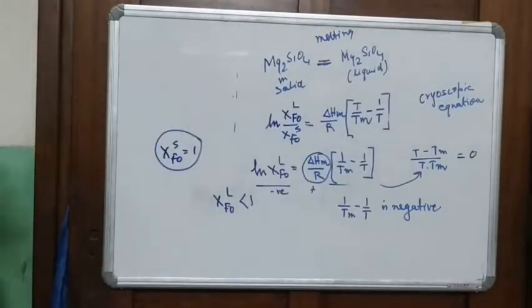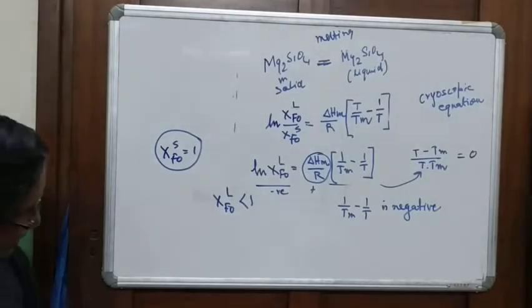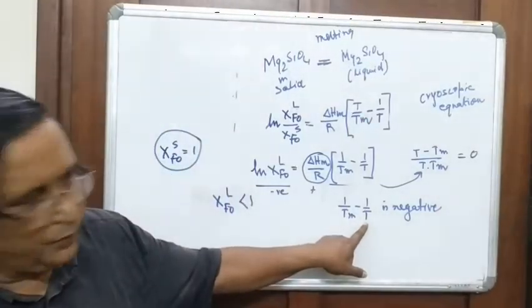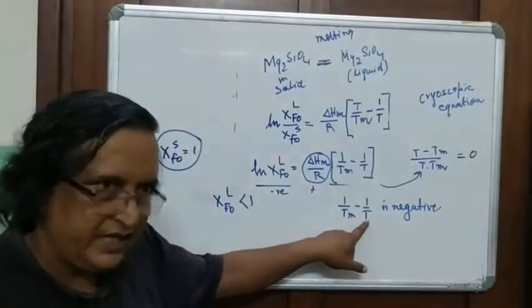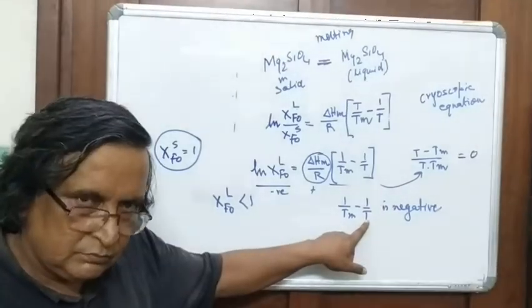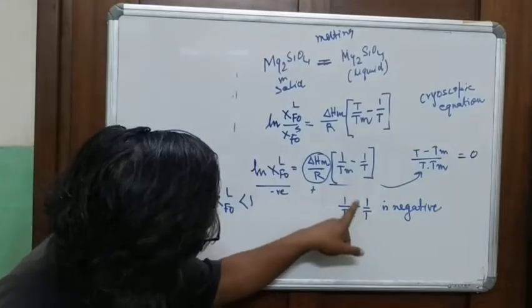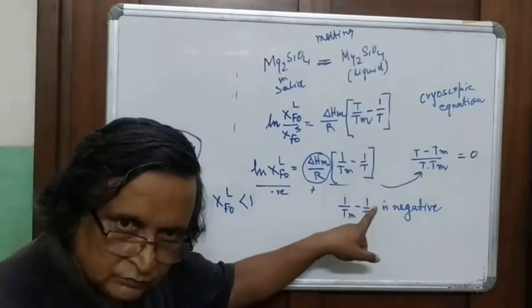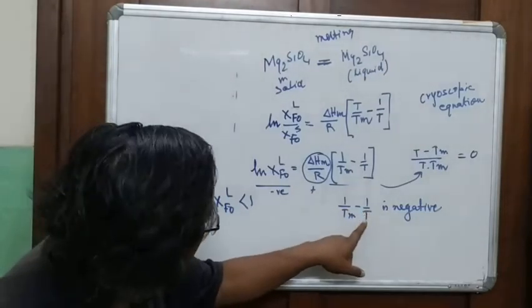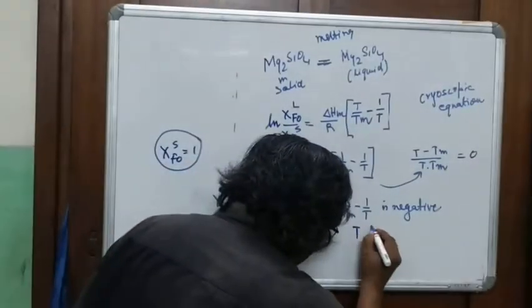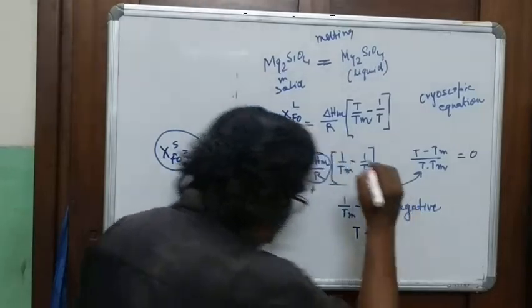Have you understood? That means what? Which is bigger, Tm or T? If this has to be negative, then 1 by T should be more. So T should be less than Tm.